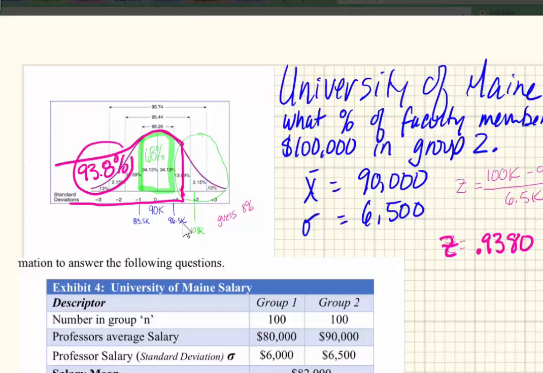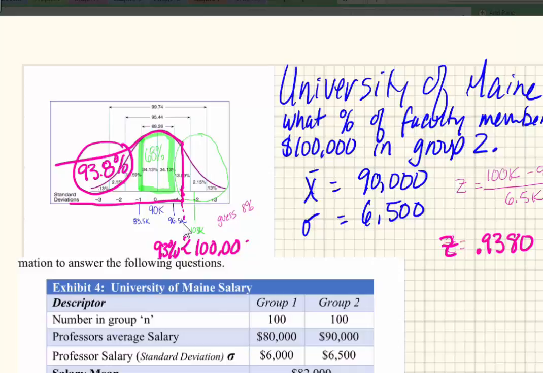So we interpret that to say 93% make less than 100,000, and the opposite, 1 minus that, or 7%. Precisely, it would be 1 minus 0.9380, so 6.2.